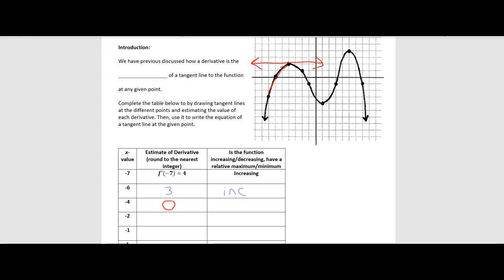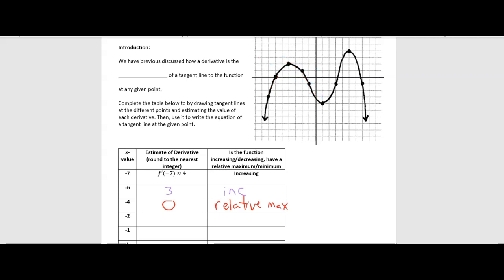It's coming up, but then on the other side, it's going down. So at this apex, it's actually doing neither, but we would call this a relative maximum. Okay, so if it's not increasing or decreasing, it could have a relative max or a relative min.